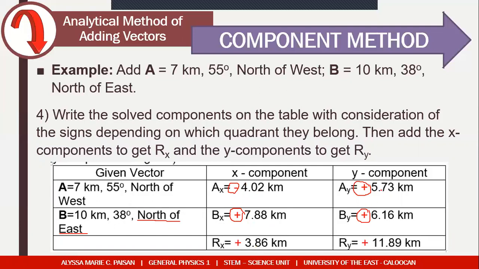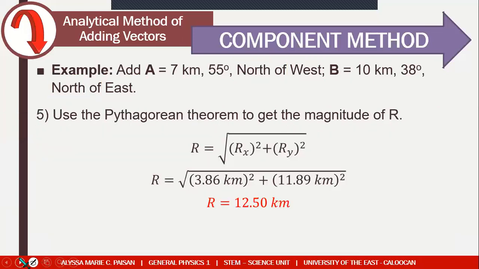And then here, positive 5.73 plus positive 6.16, the answer is positive 11.89 kilometers. So that's for step number 4. So you can see the north is the basis. Next, the signs.